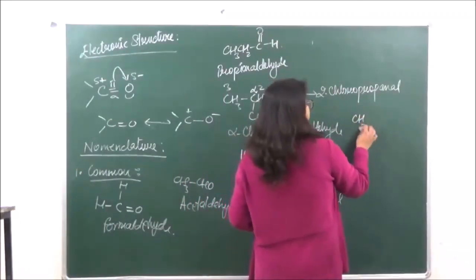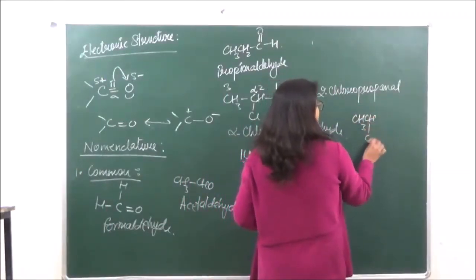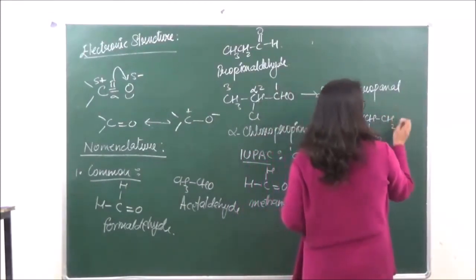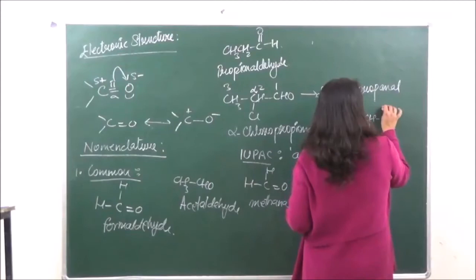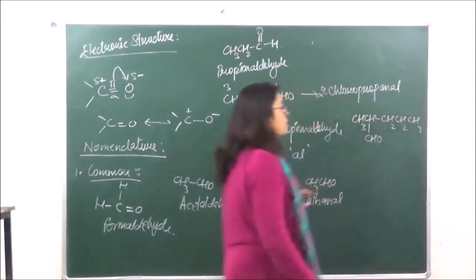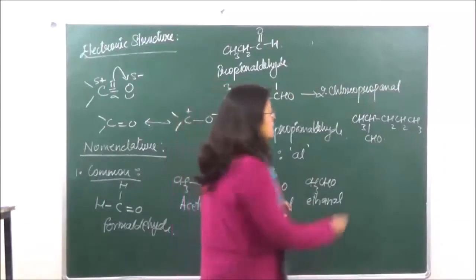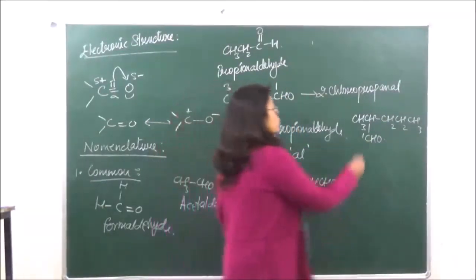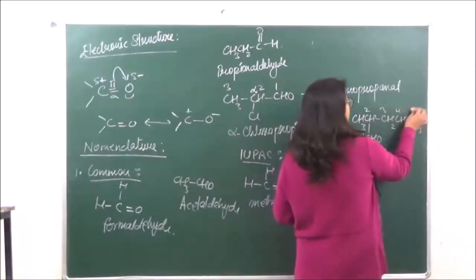Let's take an example over here. I'll write it over here. We have CH3, CH. If this is the compound which is given to you, in this case this carbon atom will be given number 1. So we have 1, 2, 3, 4 and 5.